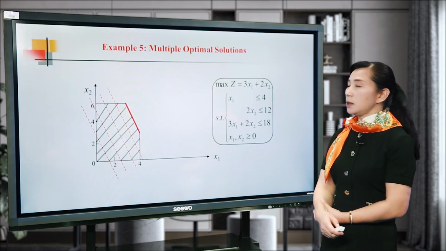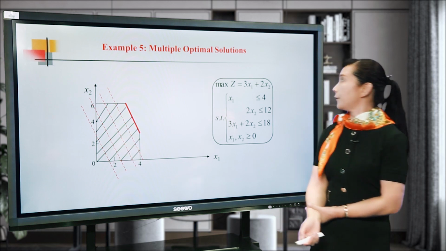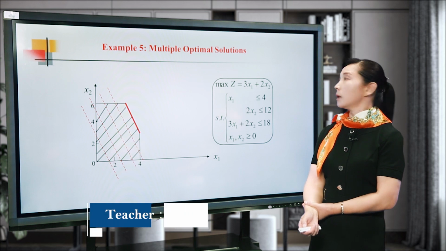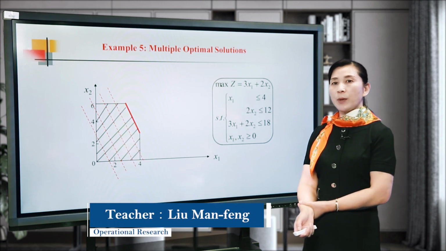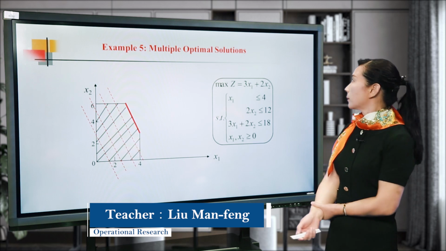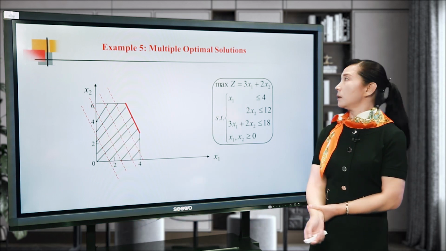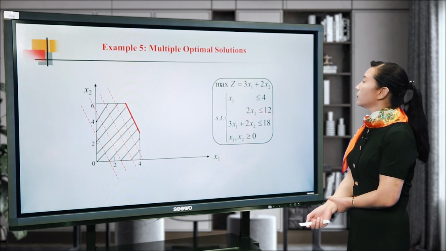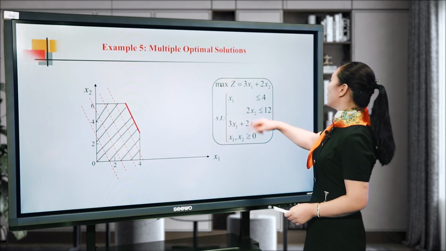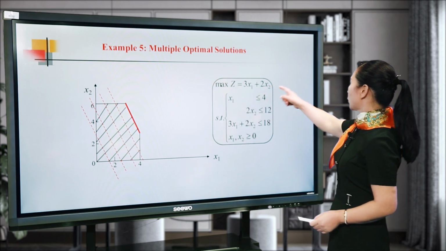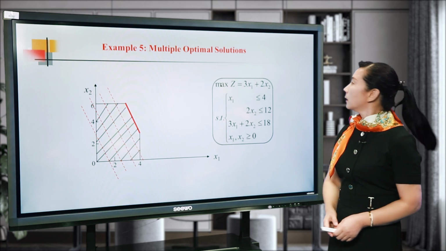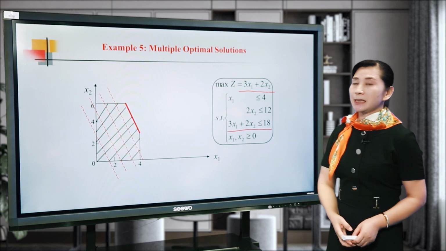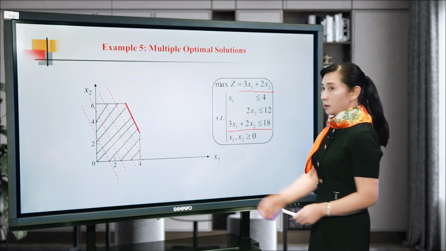So we notice that in the above four examples, there is a unique optimum solution, but not all linear problems have unique optimum solutions. We introduce example 5. The model is maximum J equal 3x1 plus 2x2. And we notice that the objective function is parallel to this line, and this line is a constraint.